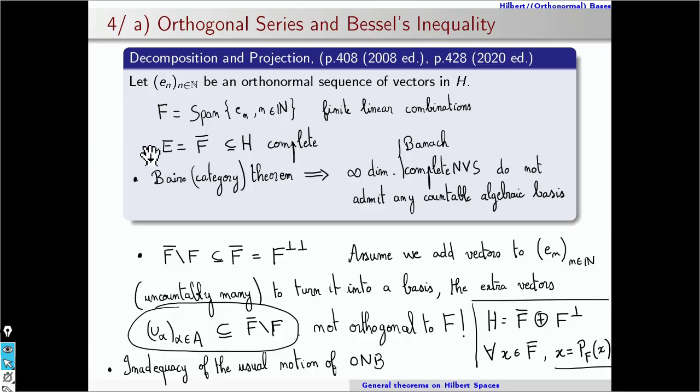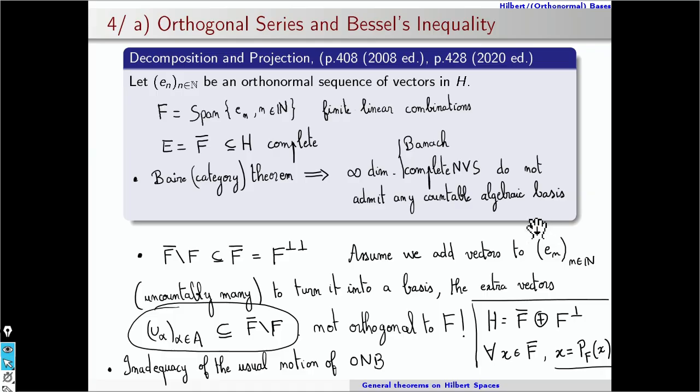We will see concretely that F is not complete, but an abstract argument is provided by the Baire category theorem. Indeed, a consequence of it is that any infinite dimensional complete normed vector space, so any infinite dimensional Banach space, cannot admit a countable algebraic basis. So there's a contradiction between infinite dimensional complete and countable basis.